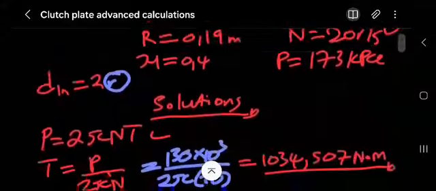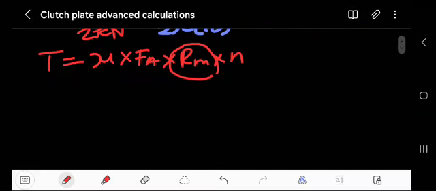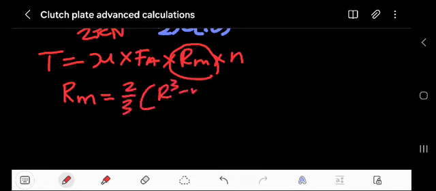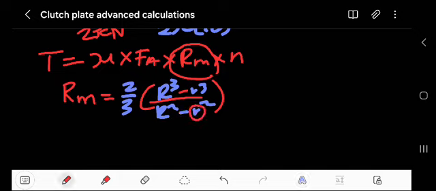When we're dealing with uniform pressure theory, we know that R m will be equal to 2 over 3 into R cubed minus r cubed over R squared minus r squared. Do not make a mistake here: it's R cubed minus small letter r cubed, over R squared minus r squared, like this. This is what our aim is, to calculate the inner diameter. I said what we want is this little r.